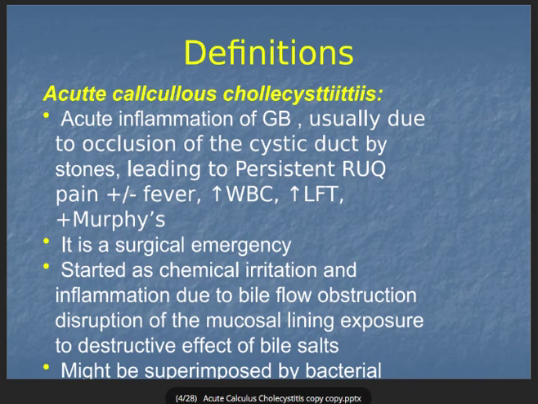Once the inflammation happens, you start to have right upper quadrant pain. You can have fever, raised white cell count, Murphy sign, and LFTs, which we'll talk about later on. It's not always the case; even fever and white cell count depend on the degree of the inflammation, and you will have a positive Murphy sign on examination.